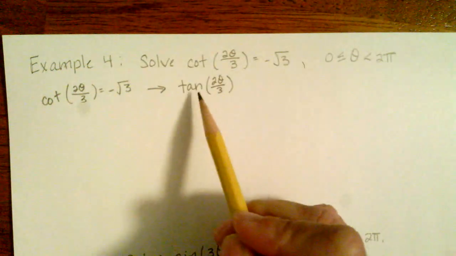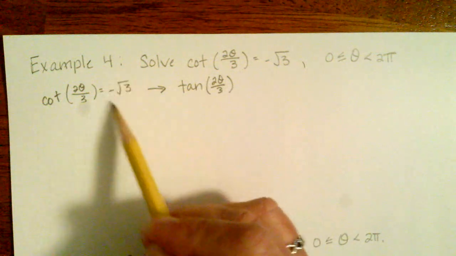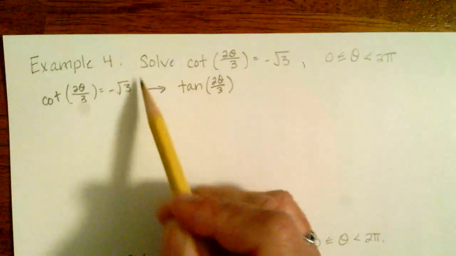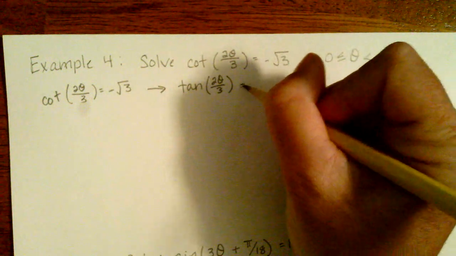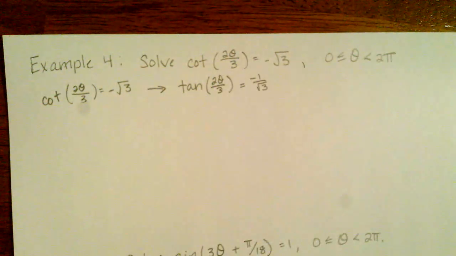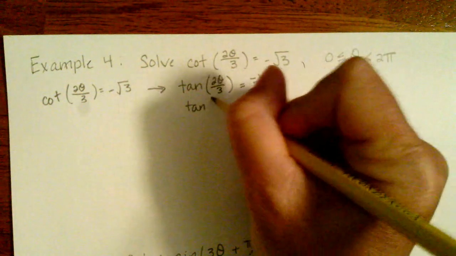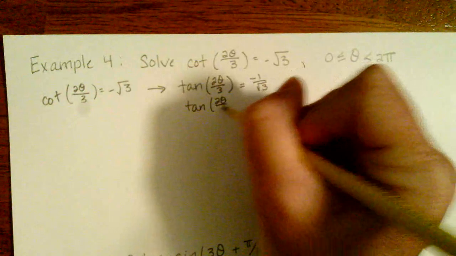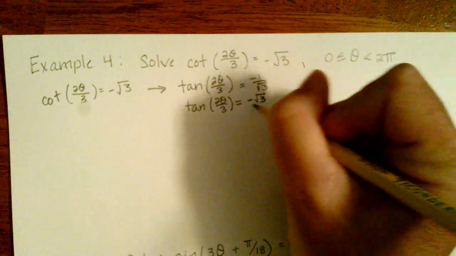Notice it's not the reciprocal of the argument. It's the reciprocal of the value of the output, the y value. So this would be equal to negative 1 over square root of 3. So the tangent of 2 theta over 3 is equal to negative square root of 3 over 3.